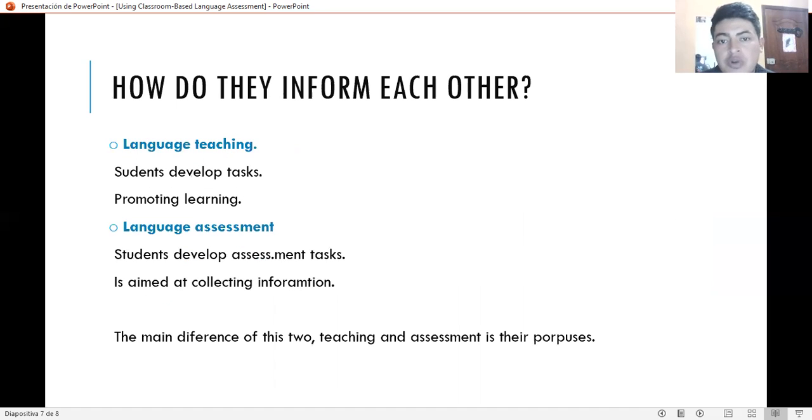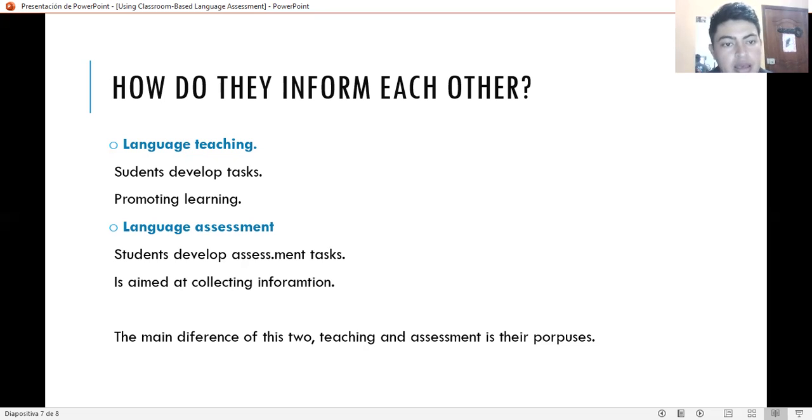How do they inform each other? Language teaching and language assessment are connected in a similar way, but we need to understand that some differences exist. For example, in language teaching the students develop a task, and in language assessment students develop assessment tasks.